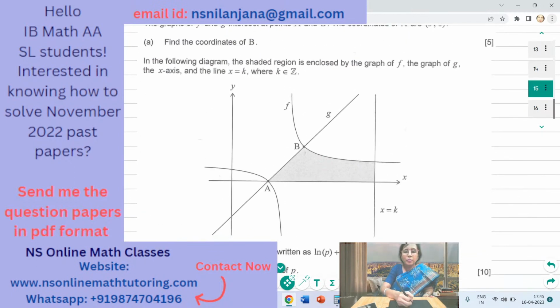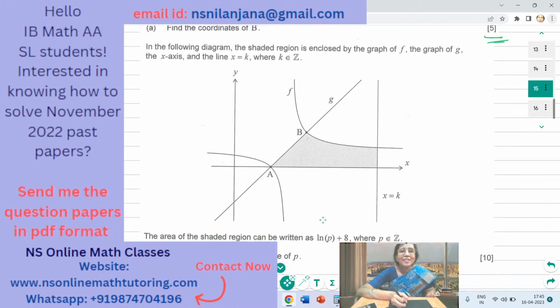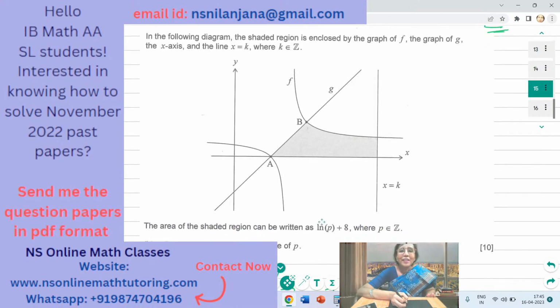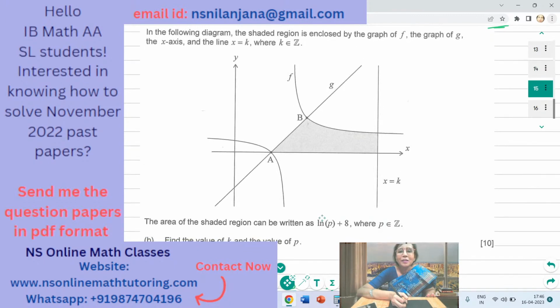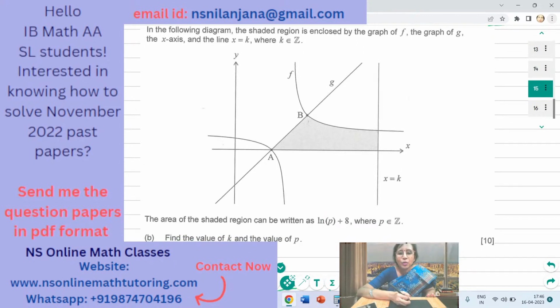Finding the coordinates of the point B contains 5 marks. In the following diagram, the shaded region is enclosed by the graph of f, that is this one, the graph of g, that is this line, the x-axis, that is this one, and the line x equal to k.